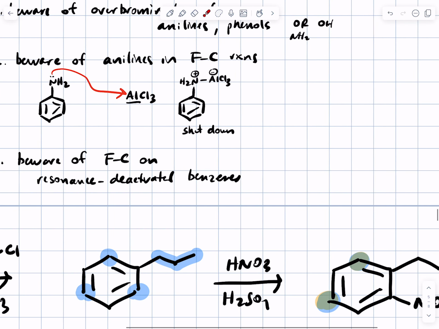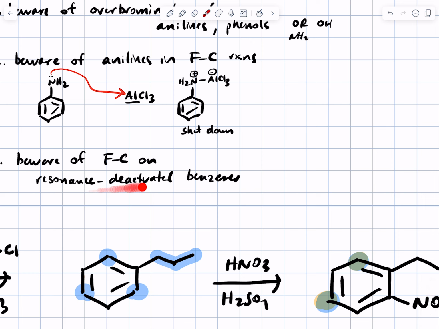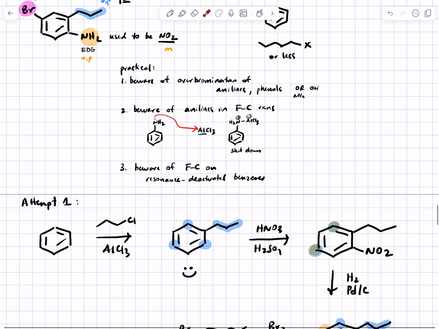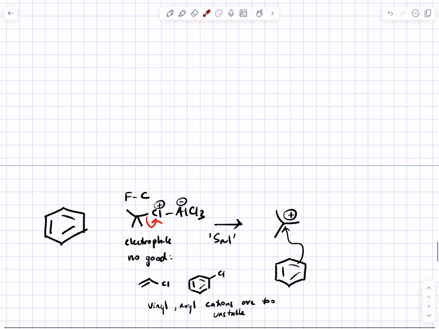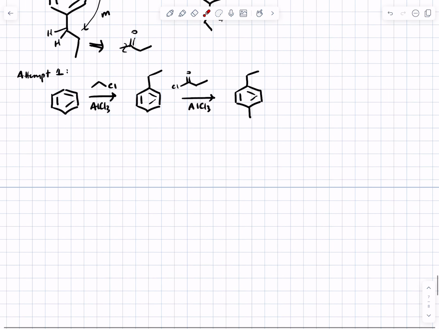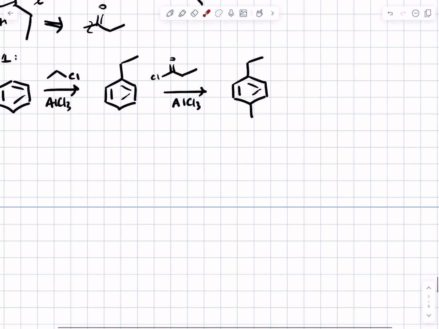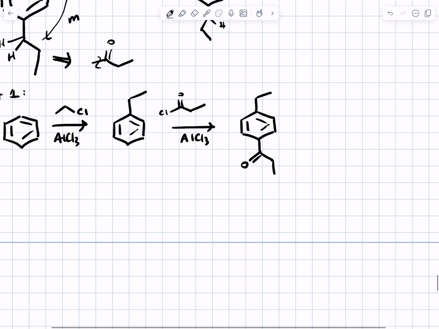Beware of Friedel-Crafts on resonance deactivated benzenes. Once you put the acyl group on, that's a resonance electron withdrawing group. That makes the subsequent Friedel-Crafts reaction too slow because the resulting benzene ring is not nucleophilic enough. So that's why I made the choice, one, two, three carbons, is that right? Ish, yep.